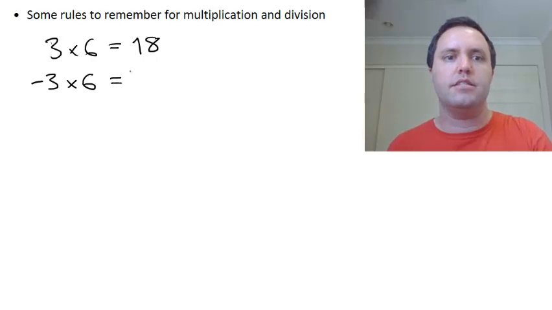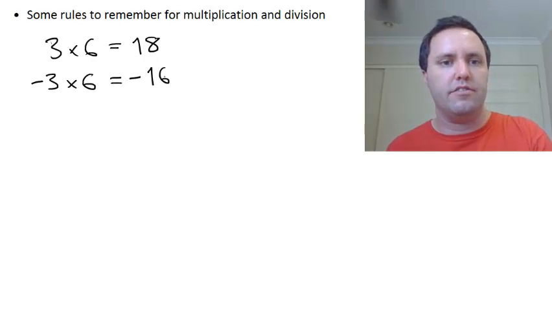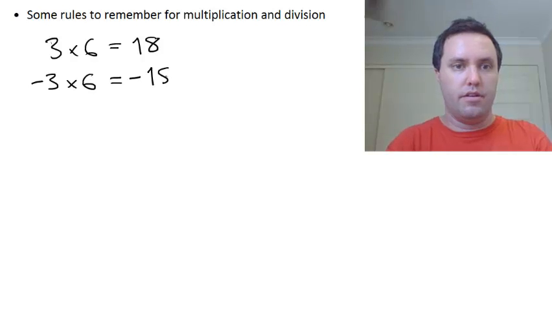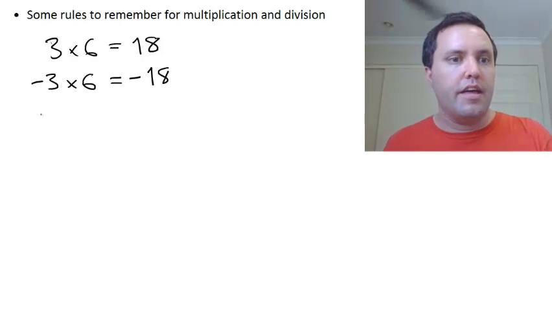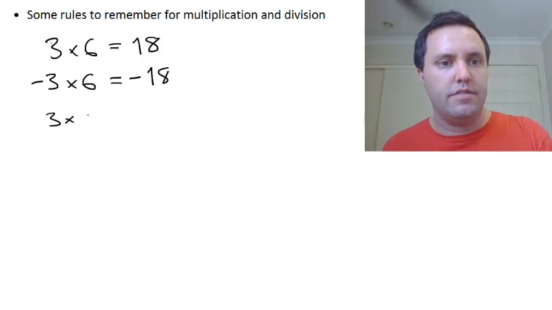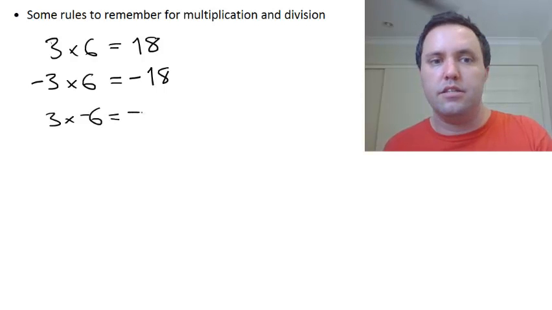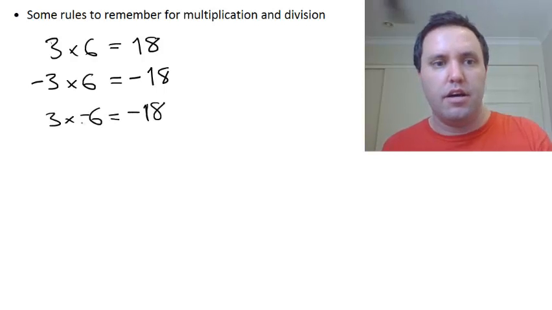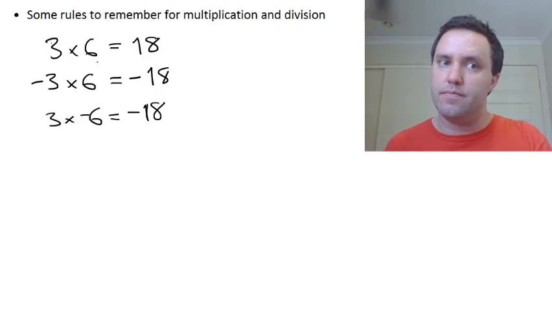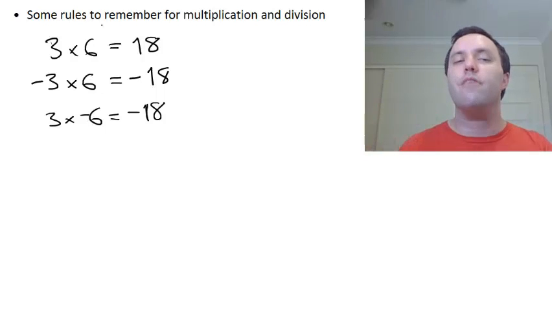So that means I'm going to have negative 18 to finish with. Now, if I have 3 times negative 6, I'm going to get still negative 18 because I had 3 lots of negative 6.